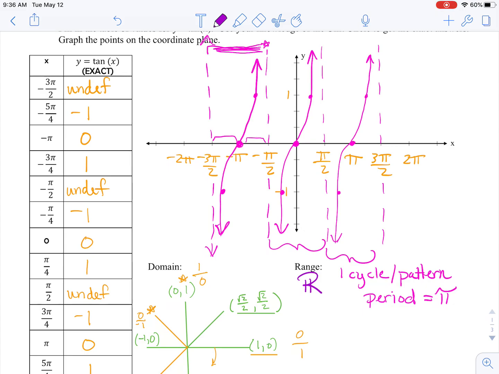The domain is going to be a little trickier, and we are actually not going to give domain in Algebra 2 quite yet. We'll save that for pre-calculus. But what we can say about the domain is that we have to restrict asymptotes. So just in general, what you could say about the domain is you know that it's all reals except the asymptotes.